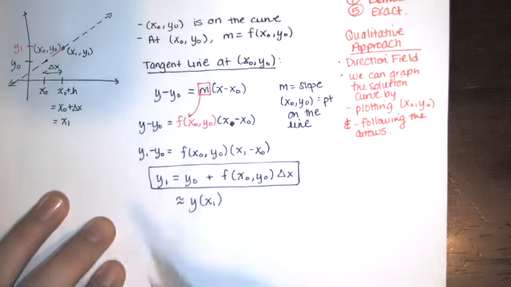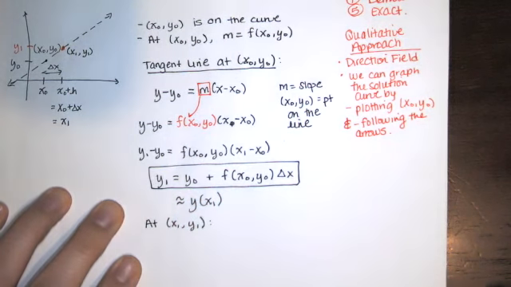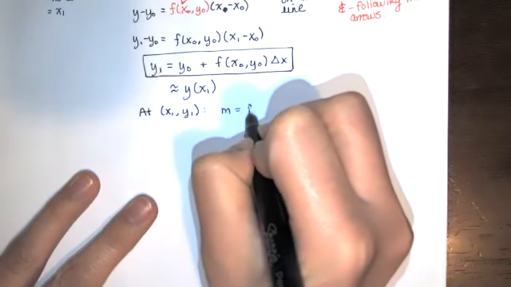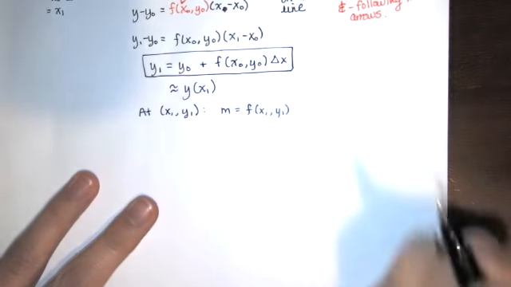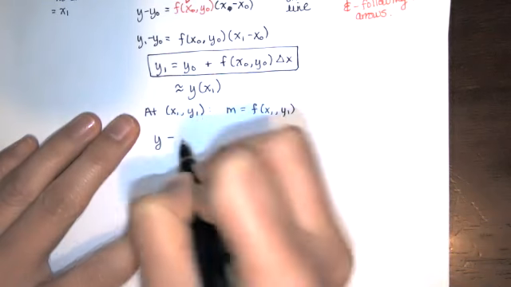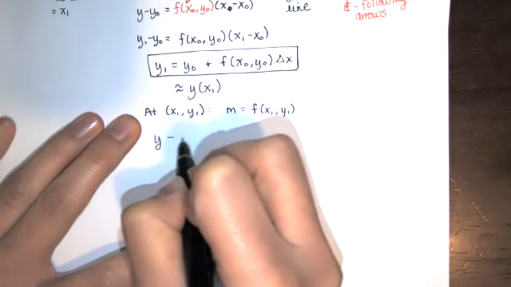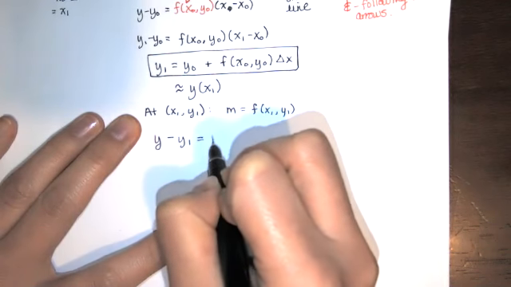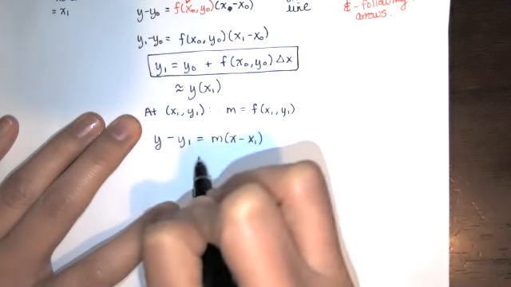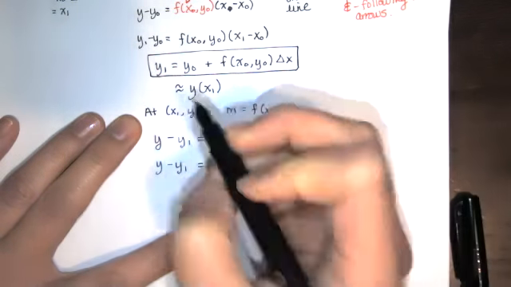So now at this new location, I've got this slope, also given by the right-hand side of that differential equation. So x and y satisfy this equation. Y minus y1 is equal to the slope times x minus x1. And the slope is given by that right-hand side of the differential equation.